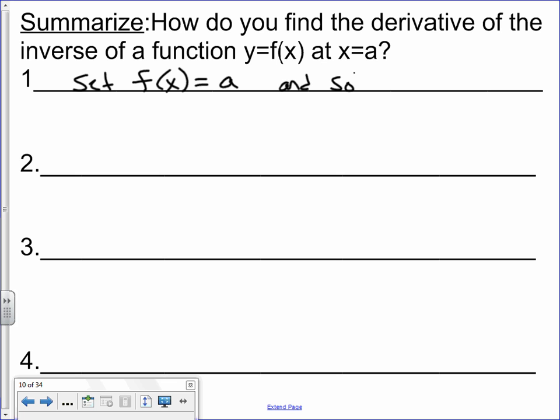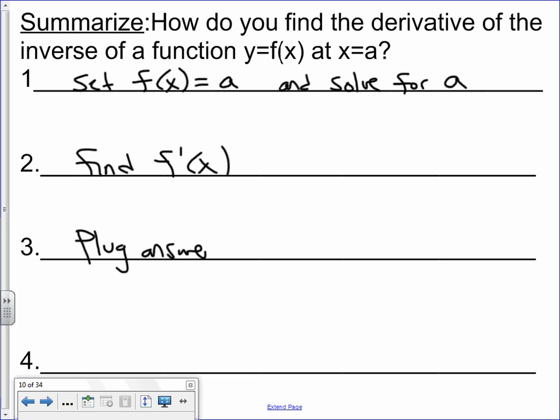Second step, find f prime of x. Third step is plug the answer from part 1 that we just did into f prime of x, and finally take the reciprocal.